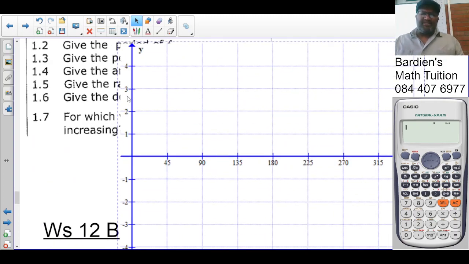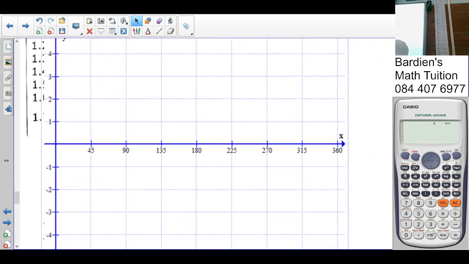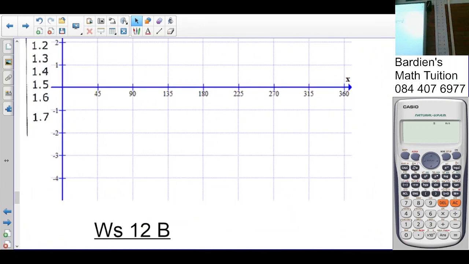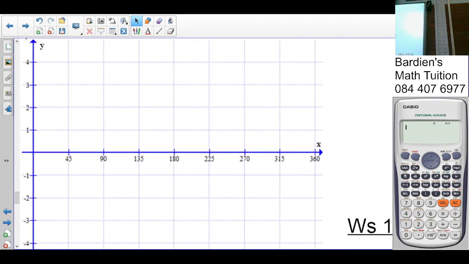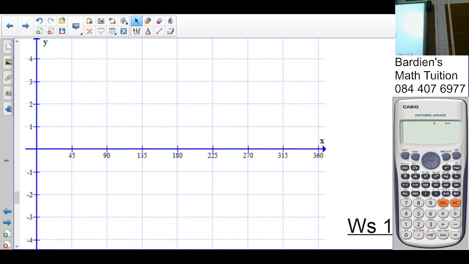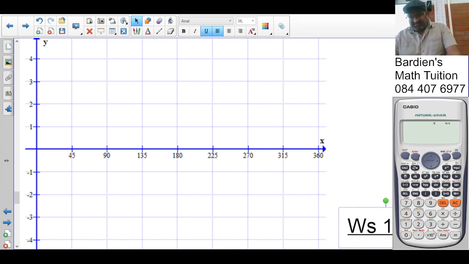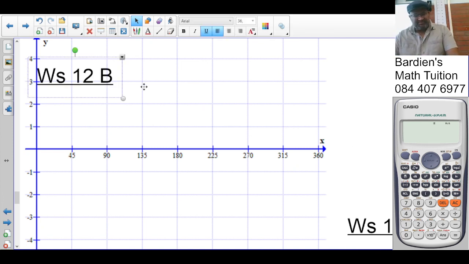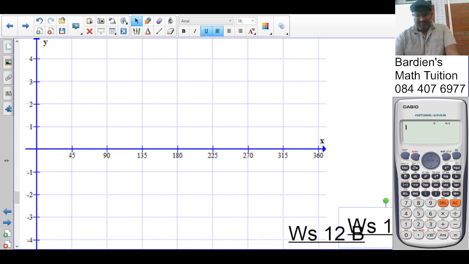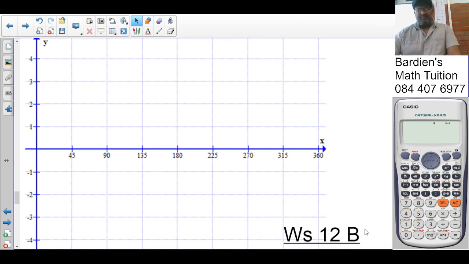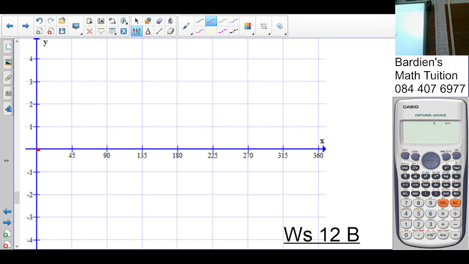So we know from the basic sine graph, somebody will just read the questions for us. As you can see, we need the space basically. Okay, so if we look at the basic sine graph, 0 is 0, 90 is 1, 180 is 0, 270 is minus 1, 360 is 0.